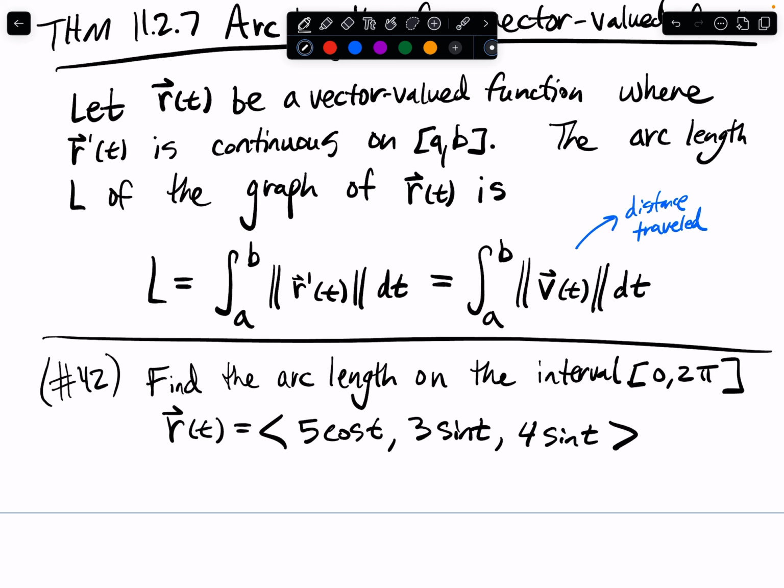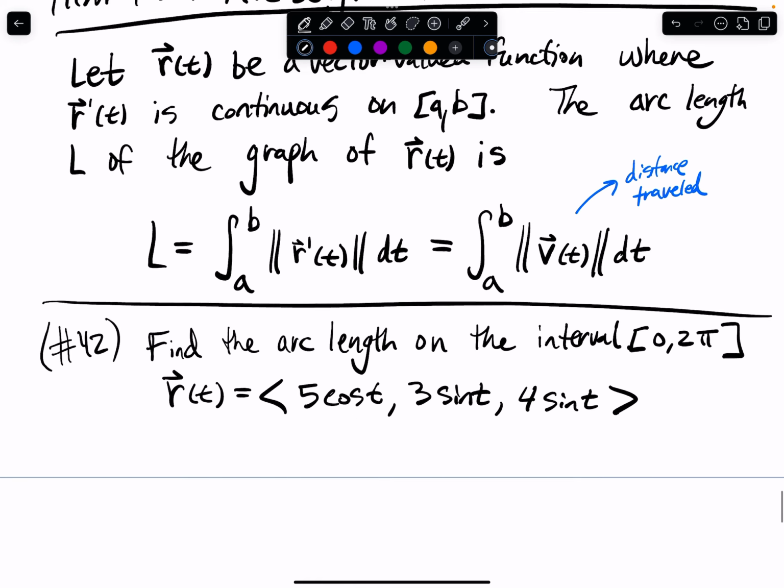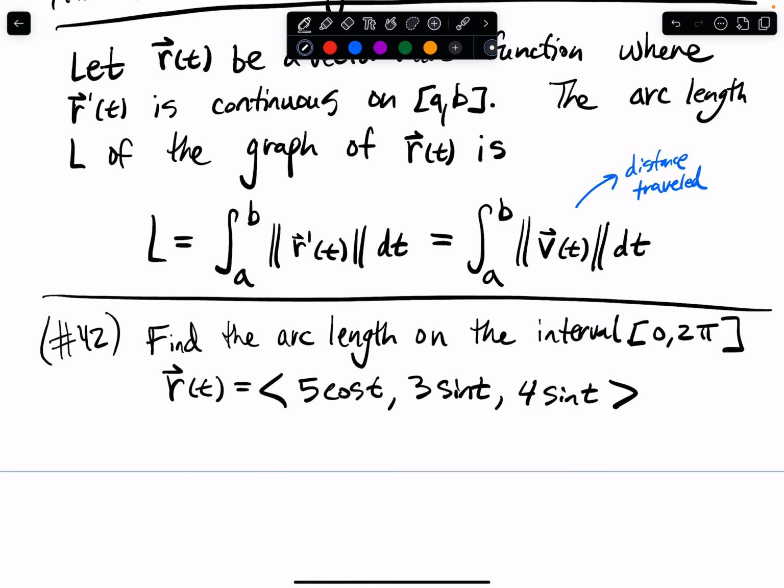Whoa, so that's kind of a weird looking thing. For 0 to 2 pi, it's like an ellipse if you're looking straight down onto it, but it's sine, so it waves. And so we want to know how much does it wiggle on that path to do 1 revolution through.